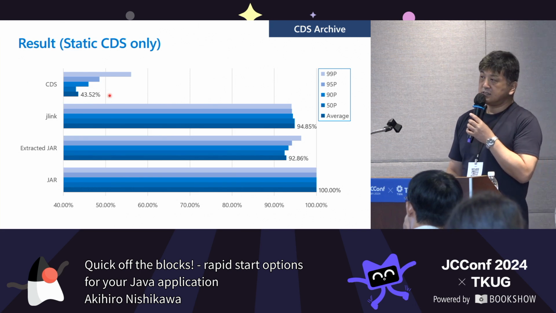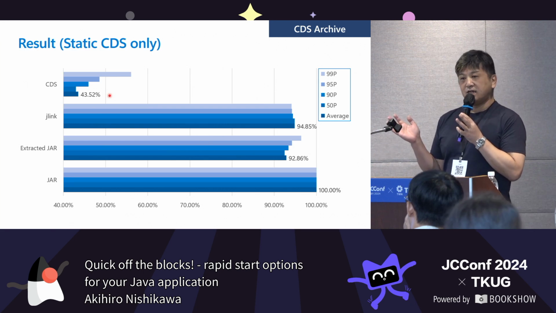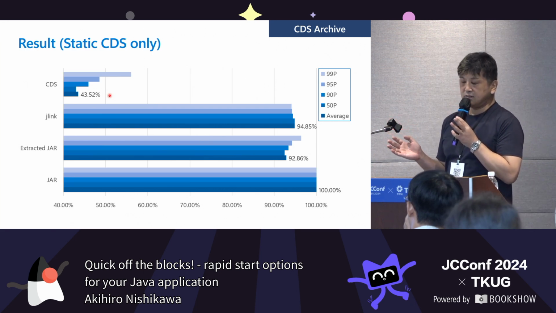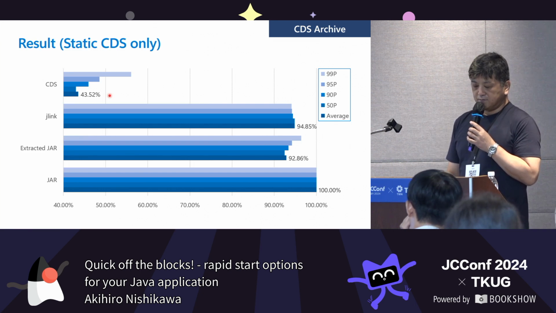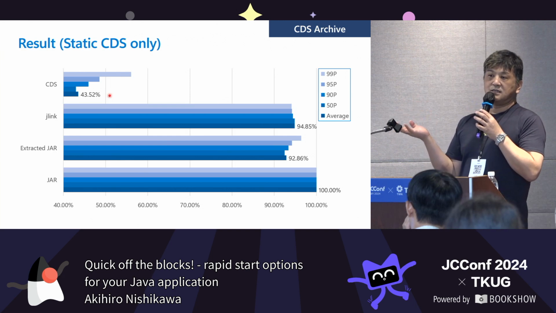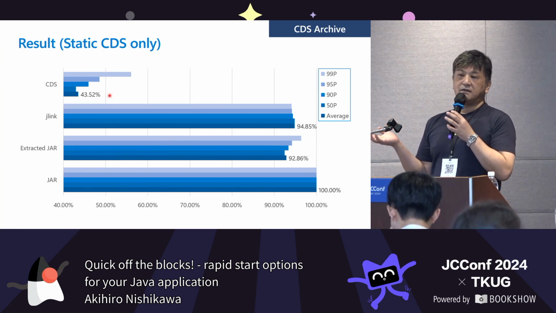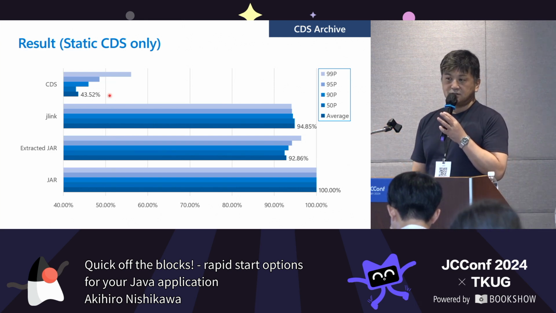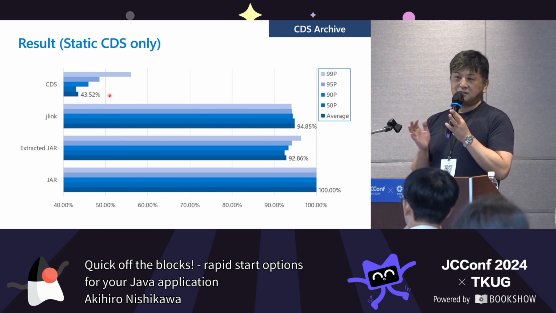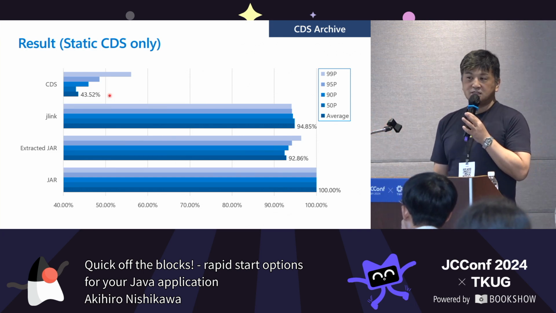This is because CDS is optimized for jar files, not class files. So if you create the CDS class data archive, the shared archive, based on class files, it's a little bit slower than the original CDS.